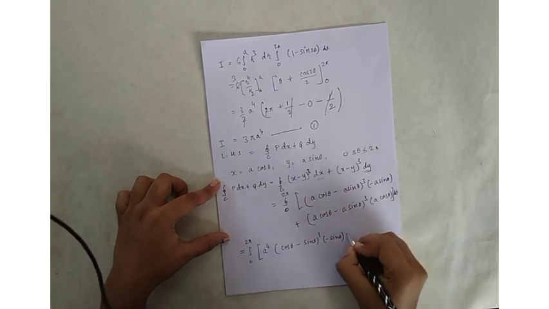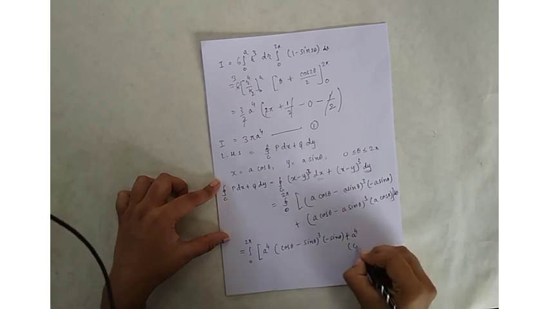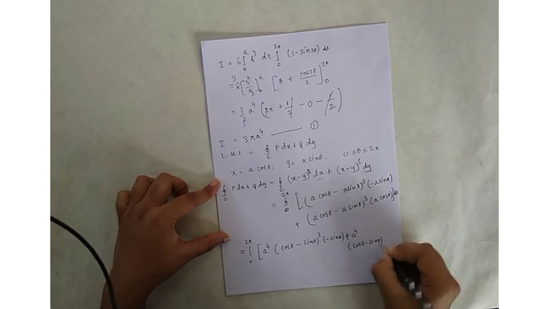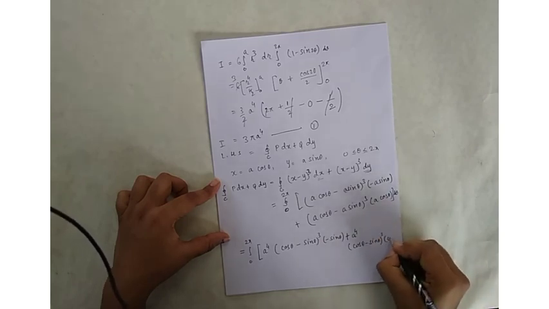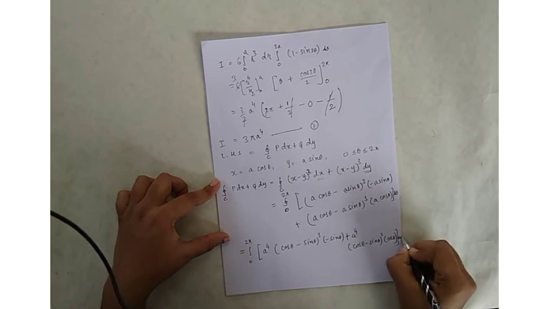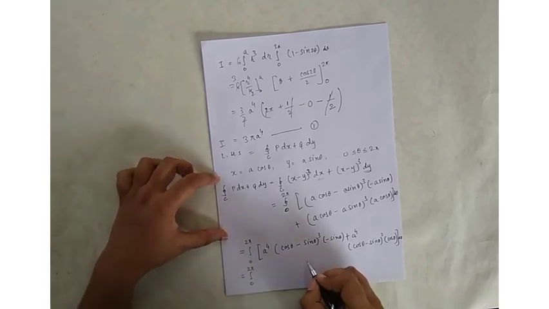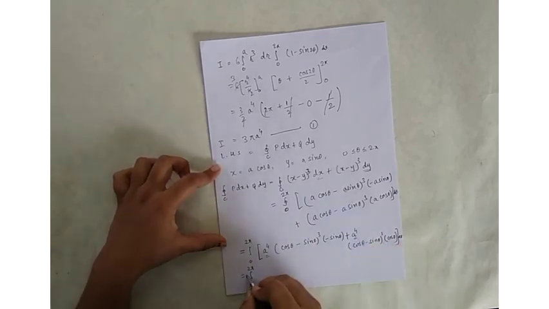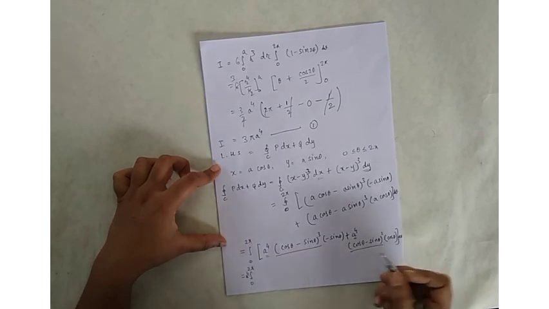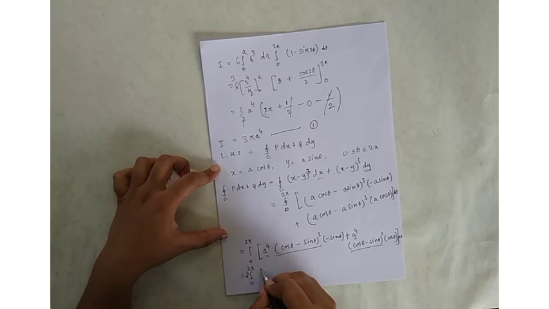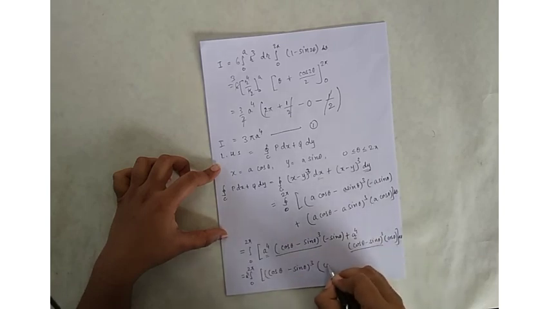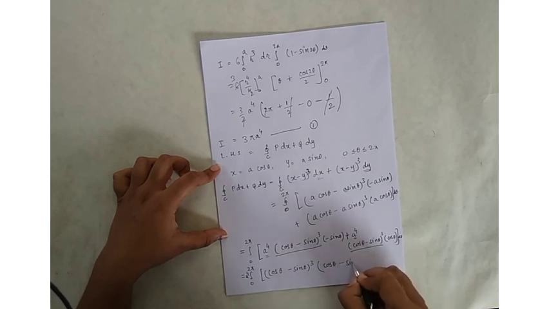Here also the same process, so plus a raised to 4 (cos theta minus sin theta) whole cube into cos theta d theta. Next, 0 to 2 pi, taking a raised to 4 common and also taking common (cos theta minus sin theta) whole cube, the remaining term is cos theta minus sin theta d theta.